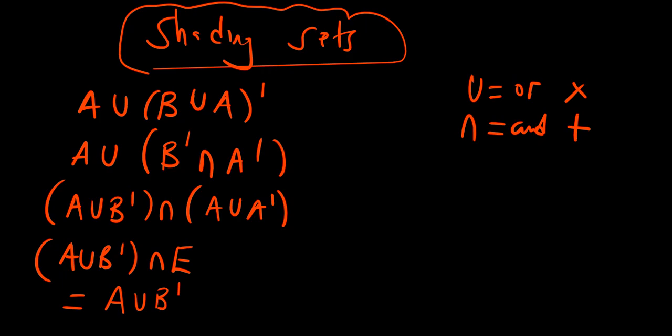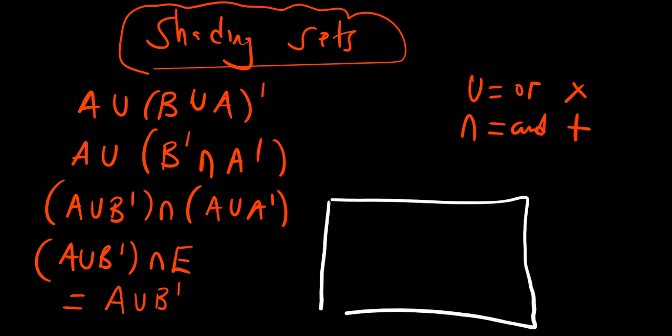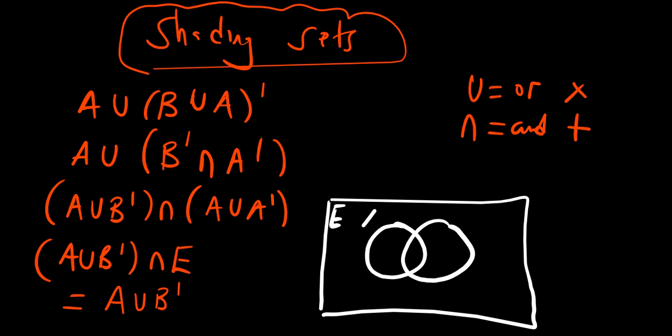Let's say this is our Venn diagram, though not drawn to scale. Okay, let's say this is our universal set, and let's say this is A and this is B. Now we're trying to find A union B complement. This is the answer that we found, but how do you shade that?